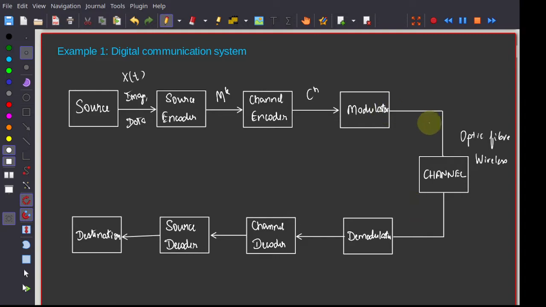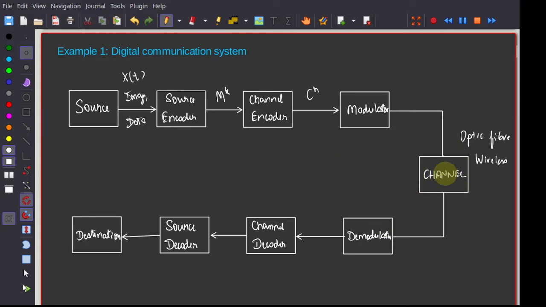This is really the part of the communication system which is the most unreliable. That's our assumption. So we're assuming that all of these blocks are extremely reliable. They work as we want them to, and the only source of noise or corruption is being introduced by this block that we call the channel.